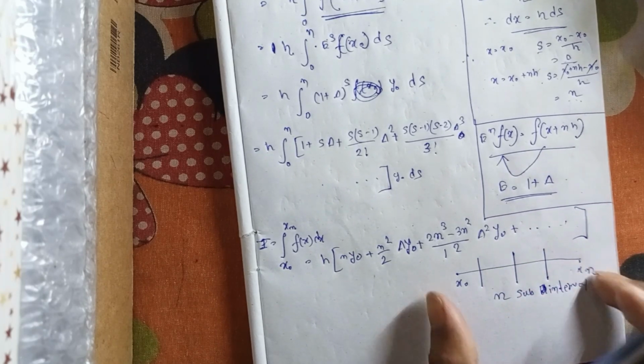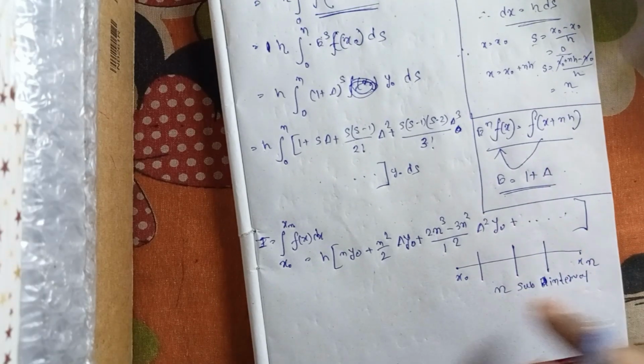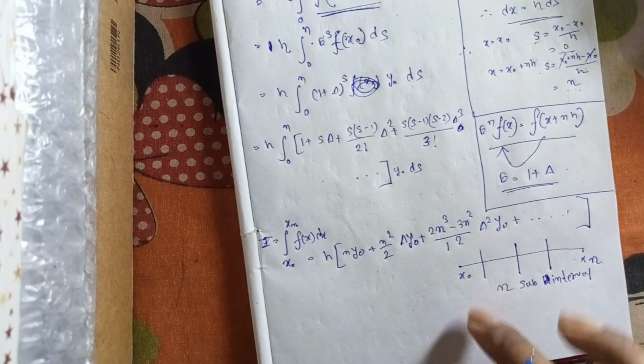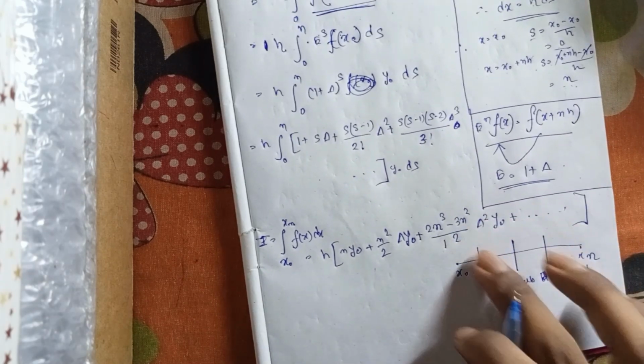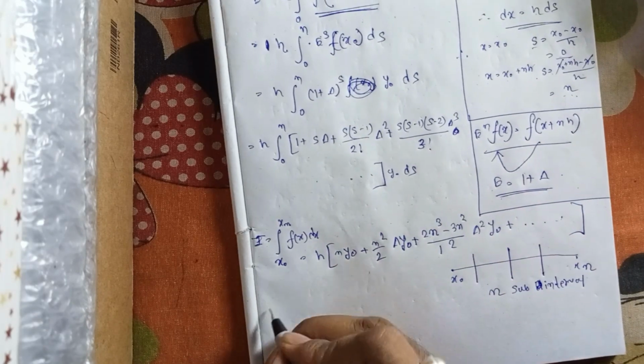Means we divide our interval into n sub-intervals, and after this we integrate each part and combine this part, okay. So this is known as sub-intervals. So this formula is known as the general integration formula.